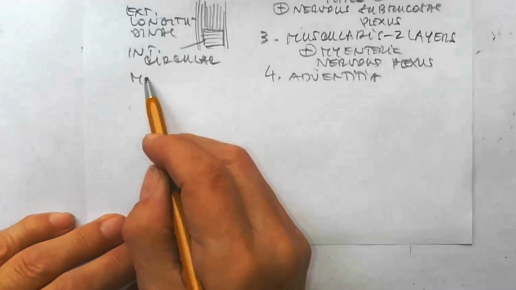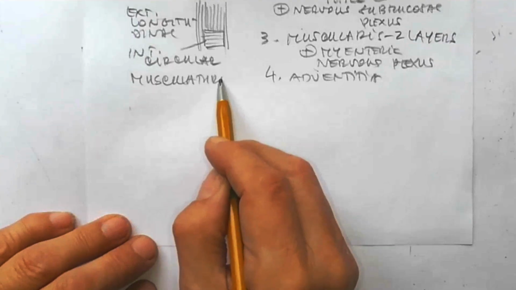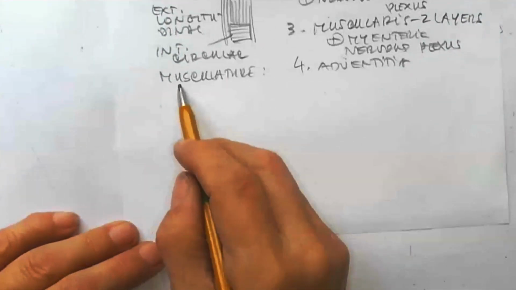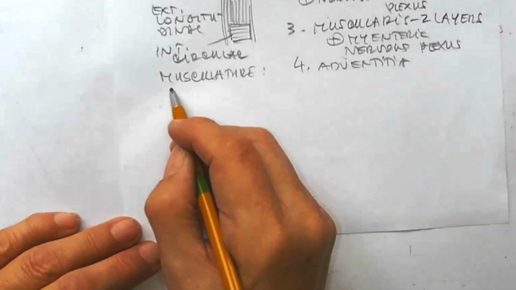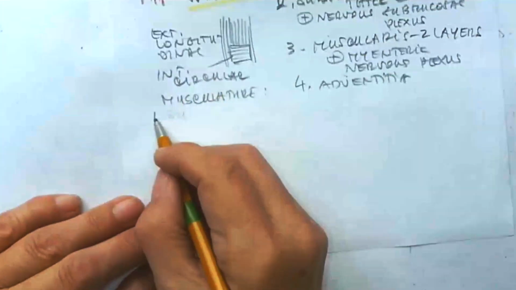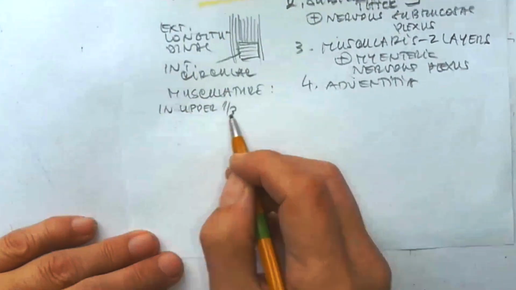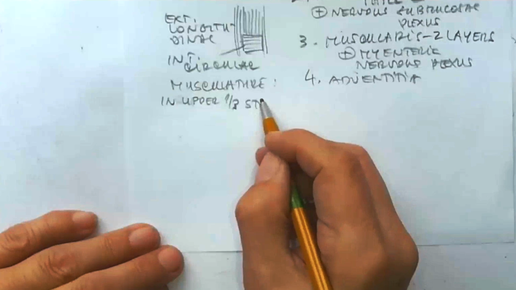Concerning the musculature, the upper third is striated, skeletal.